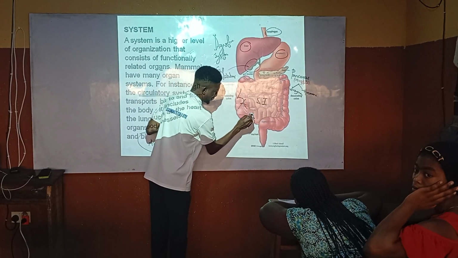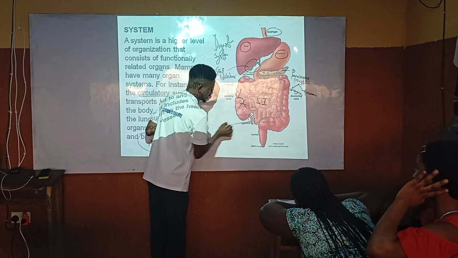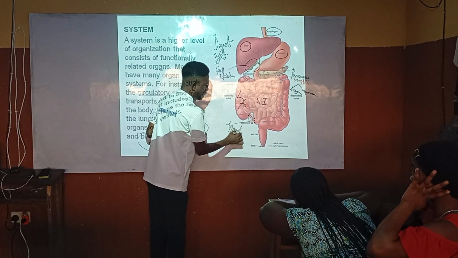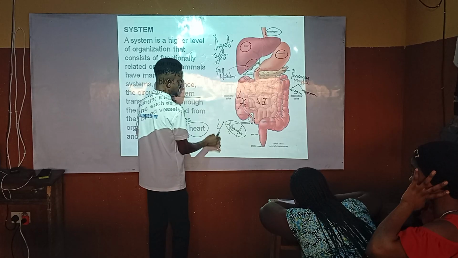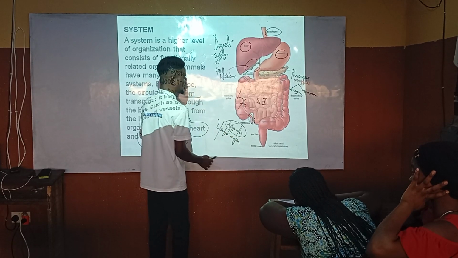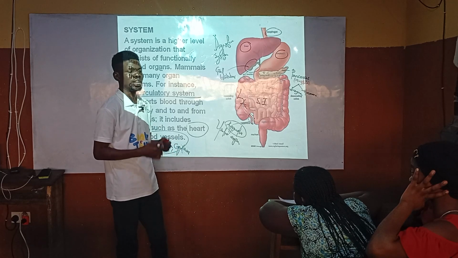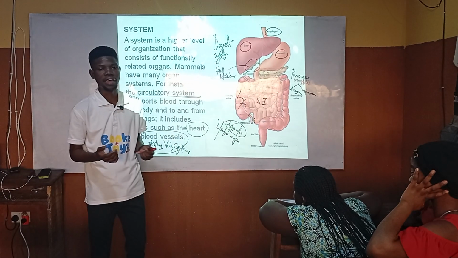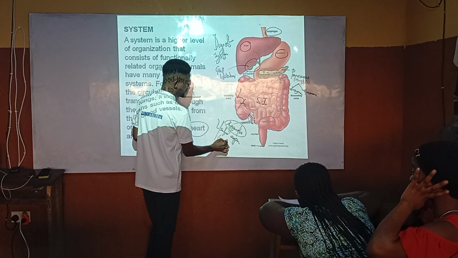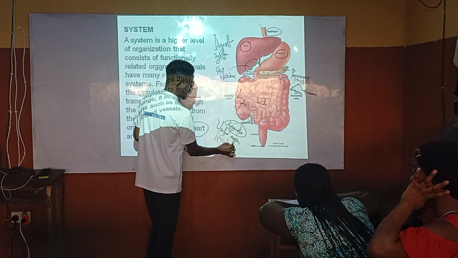We call it appendix. Appendix as well is an organ. And one funny thing about appendix is that it is known as a useless organ. It's called a useless organ because the function is not known. So that means with or without it you can survive. And we call such organs whose functions are not known vestigial organs.